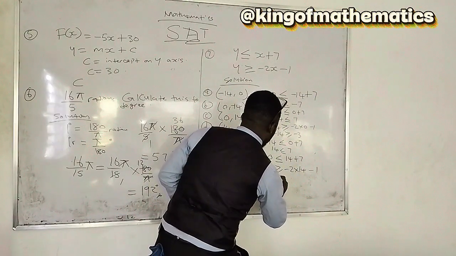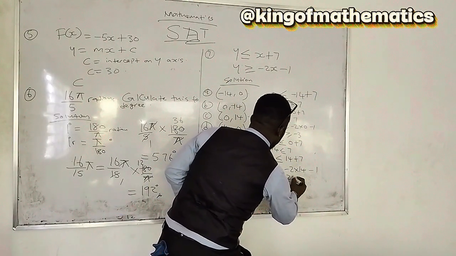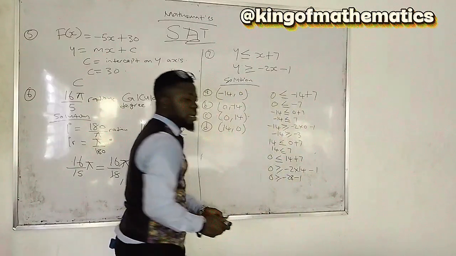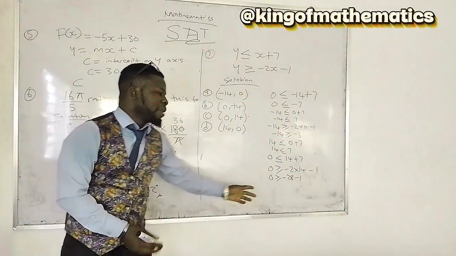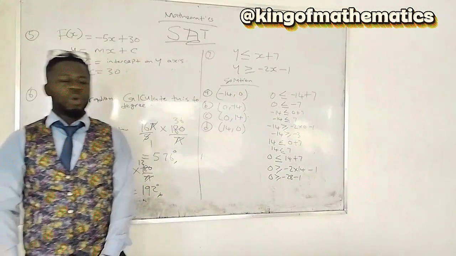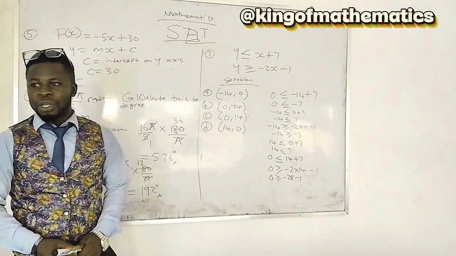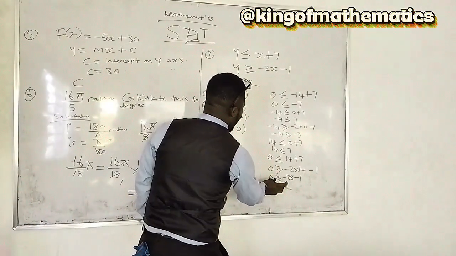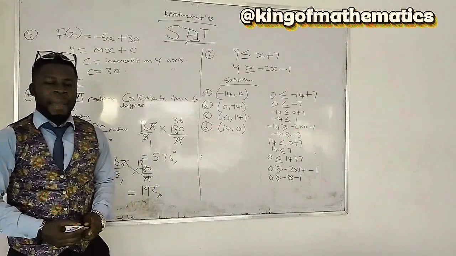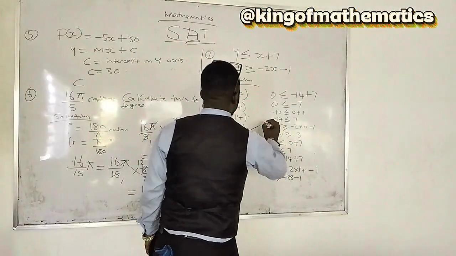That will give us 0 is greater than or equal to minus 28 minus 1. Minus 28 minus 1 is equal to what? Minus 29. And 0 is obviously greater than minus 29. So the correct answer there is what?